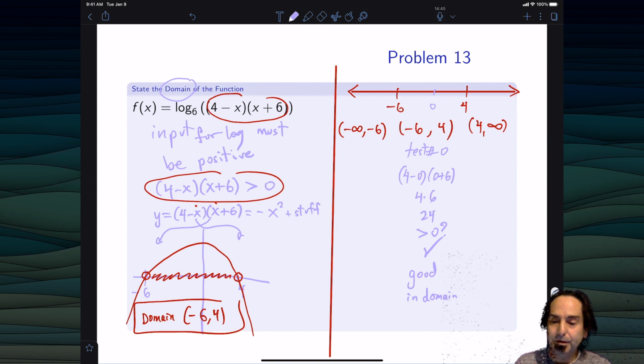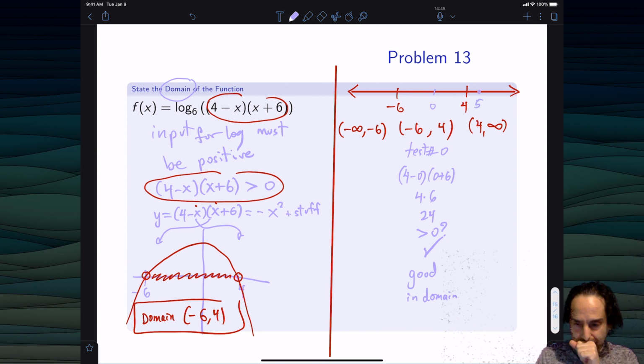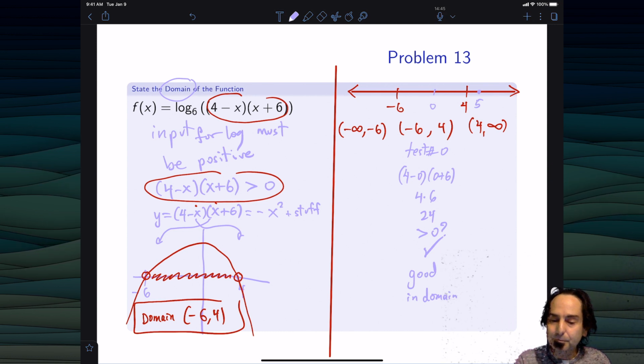What about 4 to infinity? Well, we could pick a number like 5. Keep it simple. I'd never pick something like 5.372, but 5 is simple enough, and there might be a simpler number.